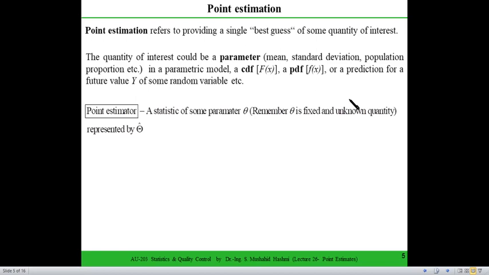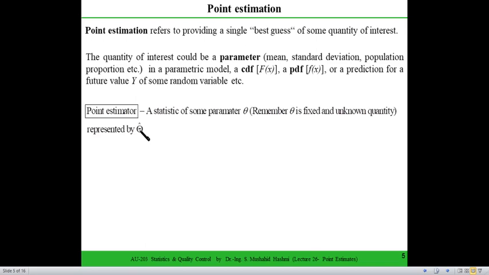And what is a point estimator? For a point estimator, we use capital theta with a cap on it. That is actually a statistic, and it is always from a sample. This estimator helps you to predict something about your population.